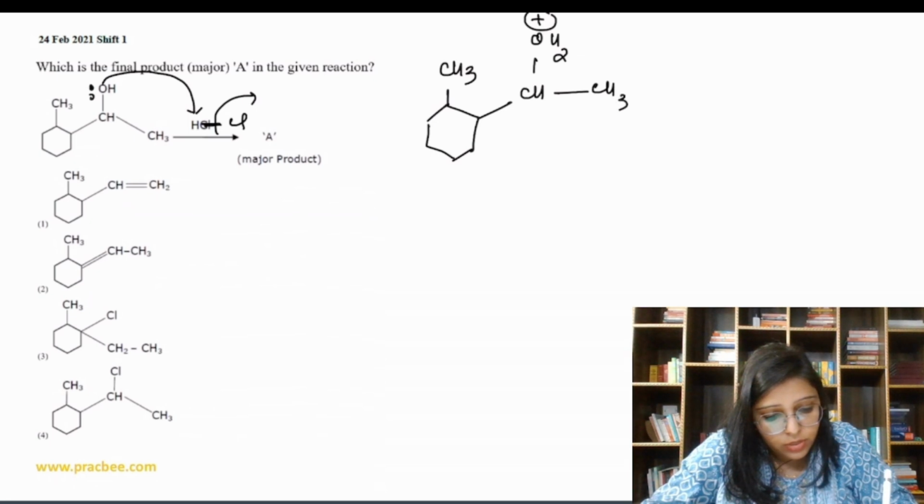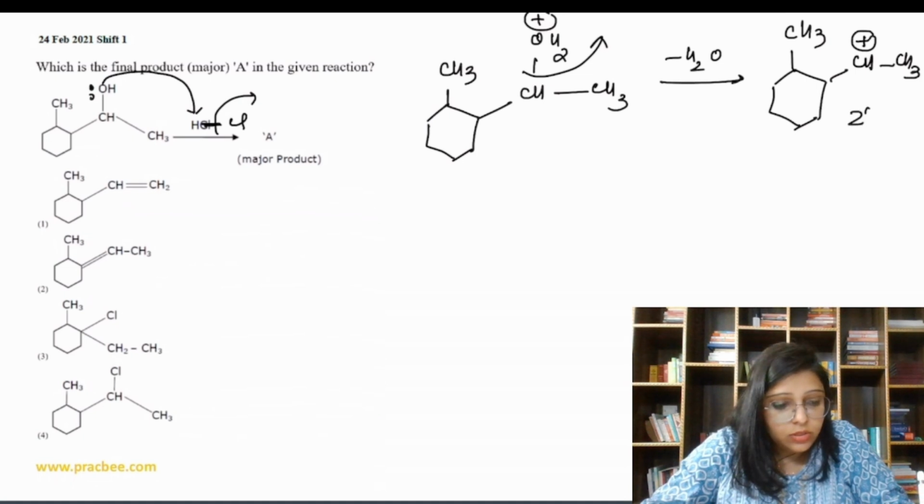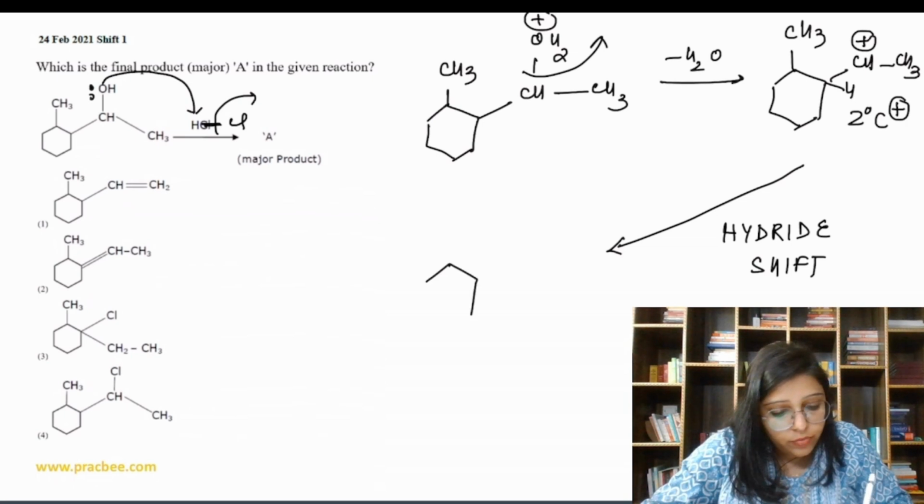So CH3, now water leaves. On removal of water, we have CH3, here we have CH positive and here CH3. Now this is a 2-degree carbocation. This is hydrogen, so we have to do a hydride shift. On doing the hydride shift, we get CH3, here we have positive, then CH2, CH3.